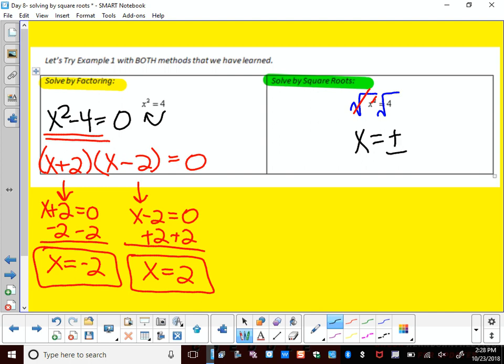Because I could have negative 2 times negative 2 give me 4, and I could have positive 2 and positive 2 give me 4. I don't know which one, so we always use plus or minus, and then I'm going to write 2. Do we see how these are the same exact answers? x equals positive 2 and negative 2. We just solve by square roots with a lot less steps. Okay, that's what we're doing today.